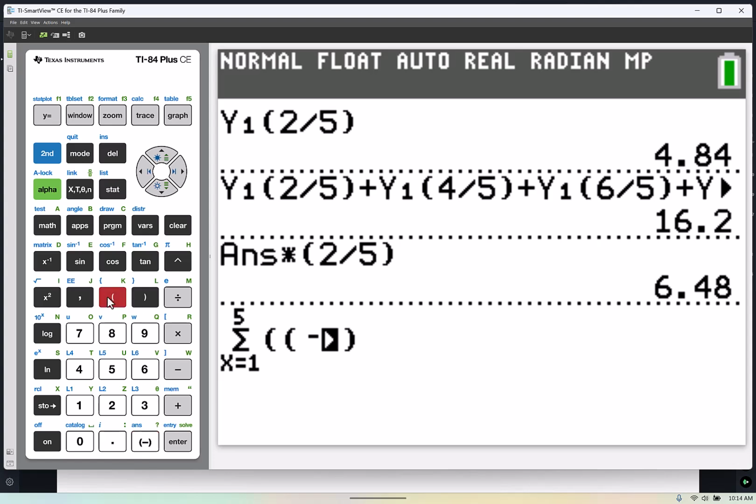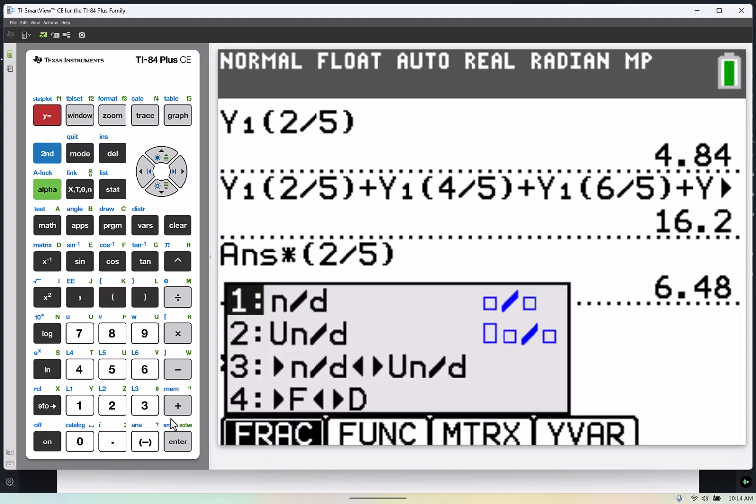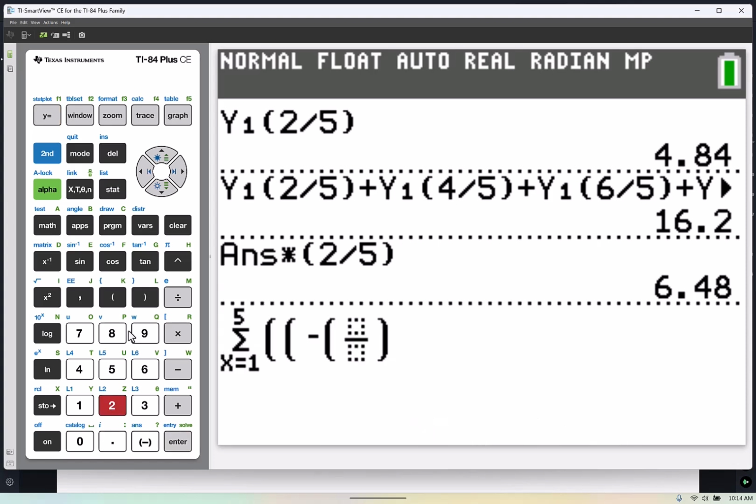Open up another parenthesis, and what am I going to put? 2x over 5. Move to the right, close it, put a square on it, plus 5. Close that parenthesis. I think so far I got everything correct.